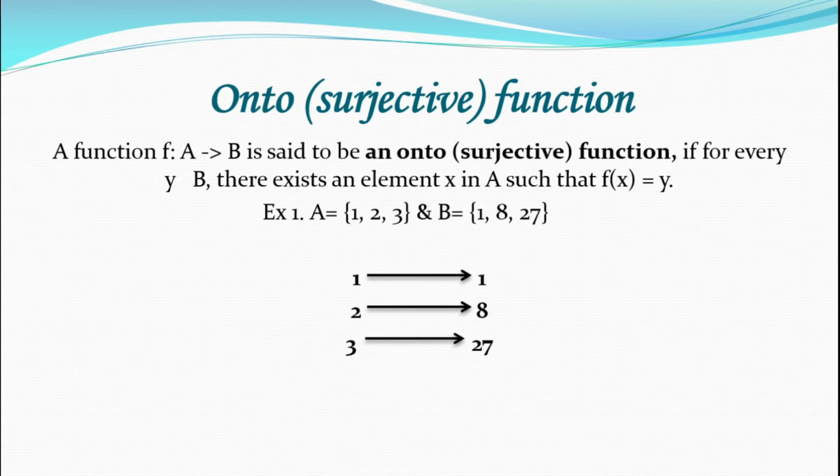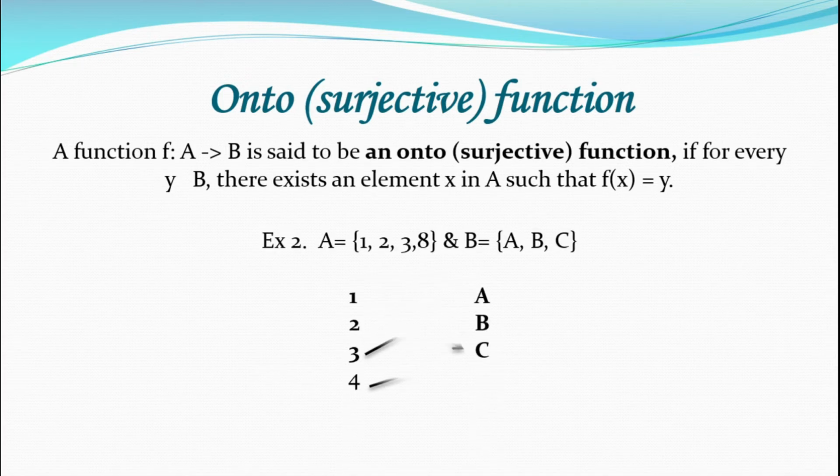So in example number 1, we could see that every element of A has a unique and corresponding element in B. In our second example, we can see that every element in B is being pointed to, even if there are two values in A that point to one corresponding value in B, which we could say is a many-to-one type of function.